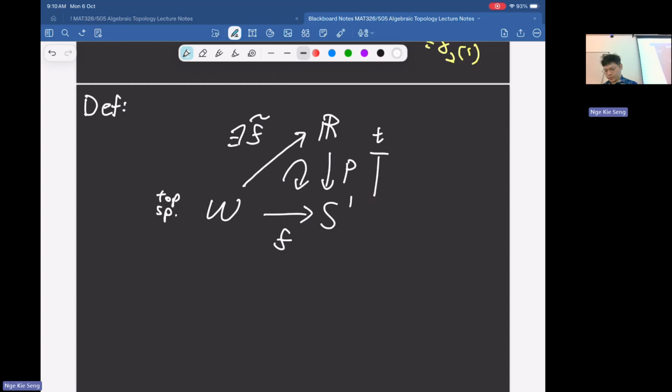It sends the time variable t to e to the i t. This map should be familiar to you. Actually this is the calculus 2 map: you use a line to parameterize a circle.